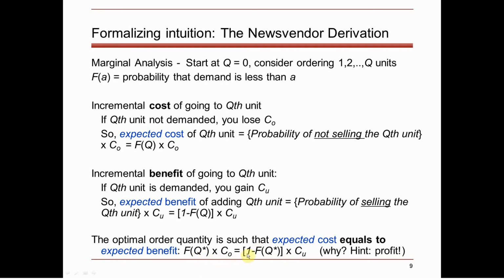Now, the interesting thing that you may not have seen before is that we're looking at a little equation here for which there is uncertainty. In other words, this is the probability that the demand is less than A. So we're kind of looking at where the probabilities times these fixed values actually balance out.